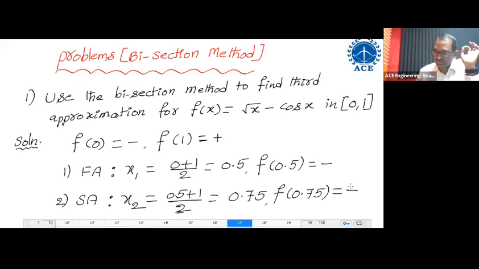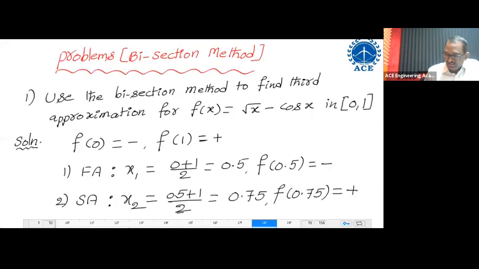If it is positive, you need to identify where you got the latest opposite sign. The latest opposite sign, negative, is at 0.5. Old opposite signs don't consider. So f of 0.5 and f of 0.75 are of opposite signs.